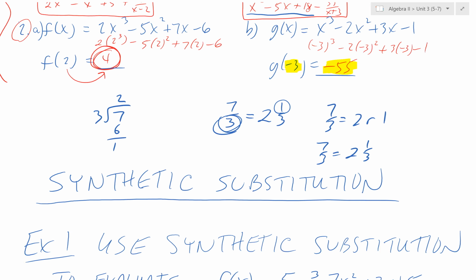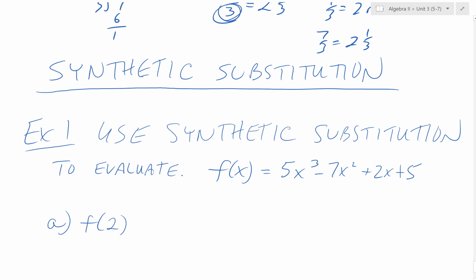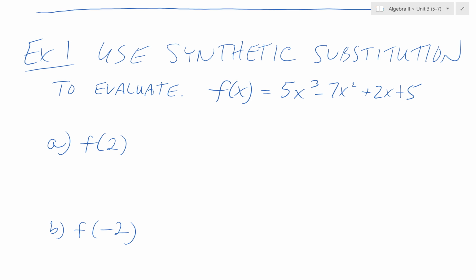All right? So now we've seen in these two examples that we can do substitution using the synthetic method. So if I have this new function f, go ahead and everyone write down this new function f.